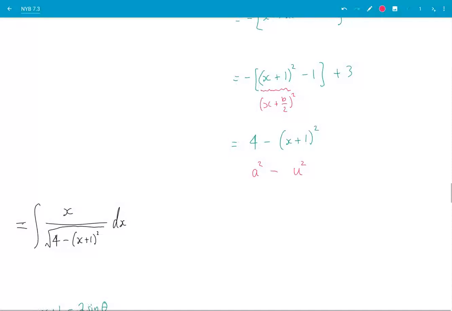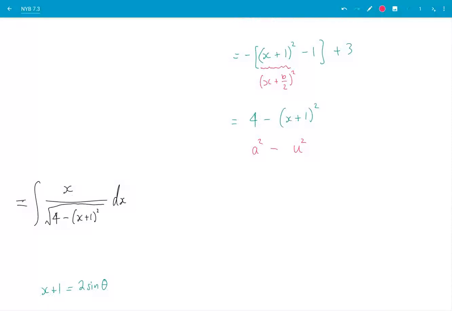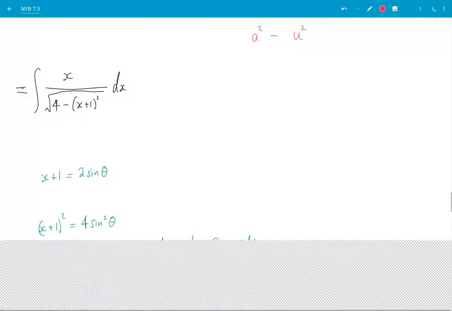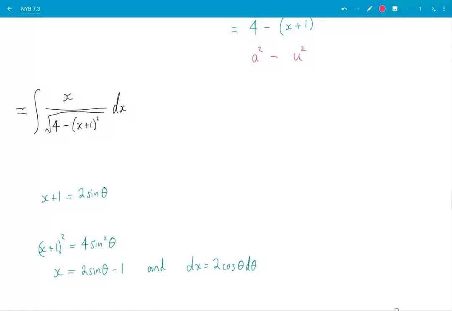I just go ahead and say, okay, following my table up above, this expression here suggests this substitution. So pause and copy that. If I take this equation, square both sides, I get this equation.